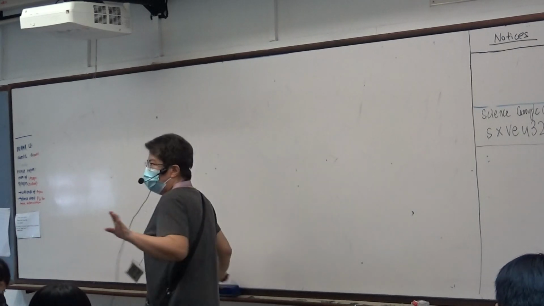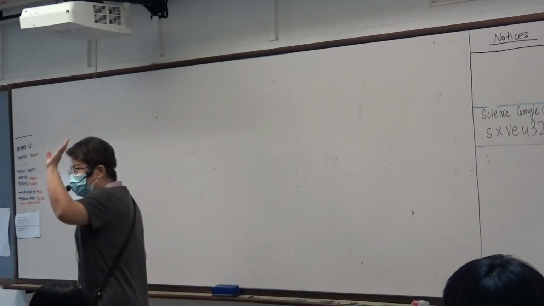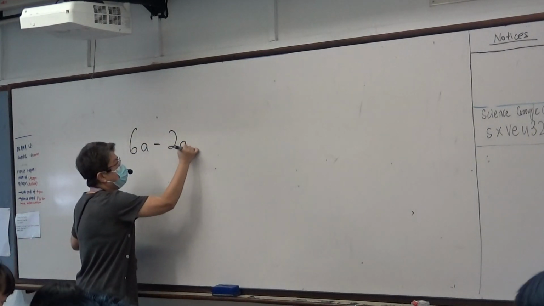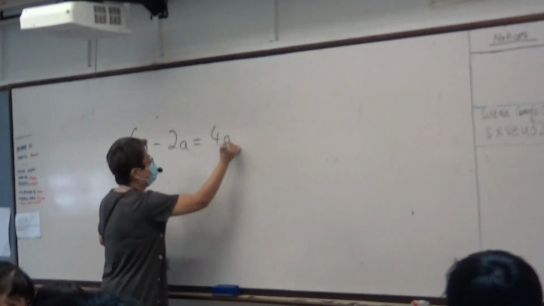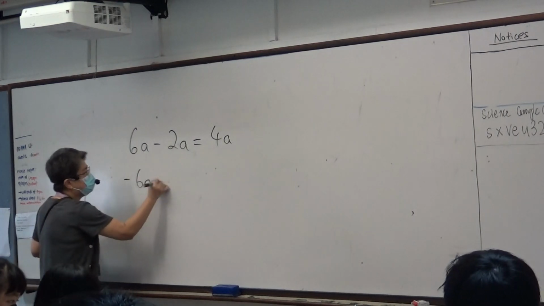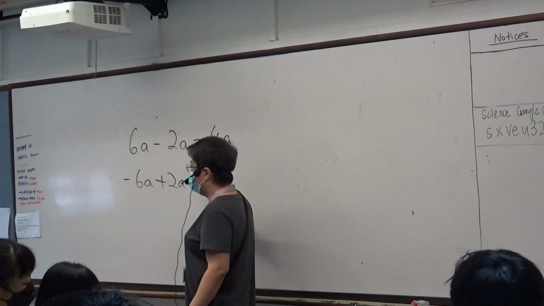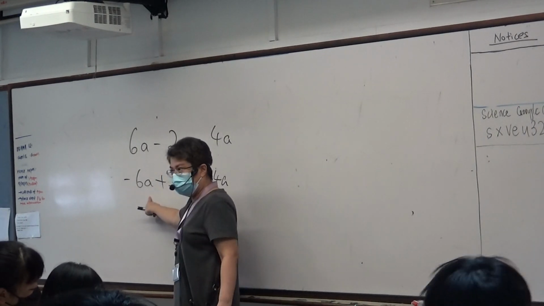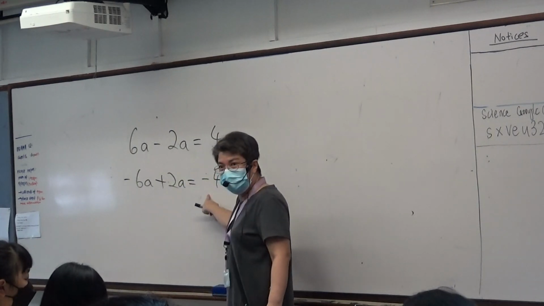Like I say, you can only combine like terms, you cannot combine unlike terms. Let me just refresh this first. 6a minus 2a. Answer? 4a, very good. Minus 6a plus 2a. Negative 4a. Why? You owe people 6 apples, you have 2 apples, you still owe people 4 apples.